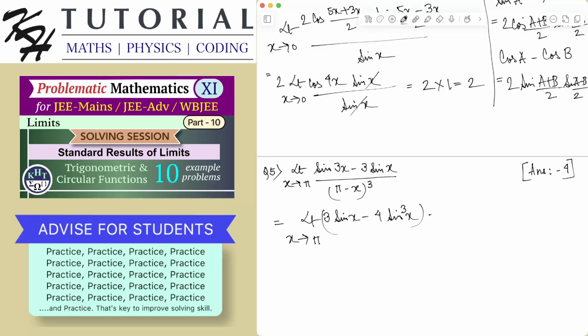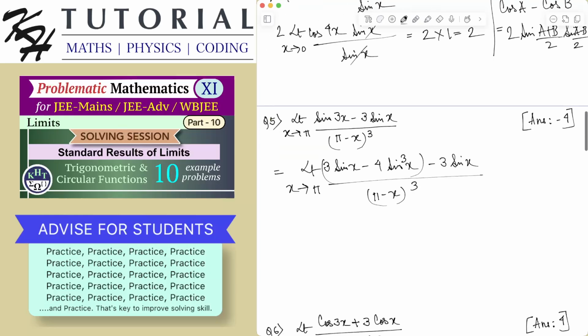So the 3 sin x will cancel out, and in the numerator we have minus 4 sin cube x. Let's bring out minus 4 as a constant: limit x tending to pi of sin cube x divided by (pi minus x) whole cube.